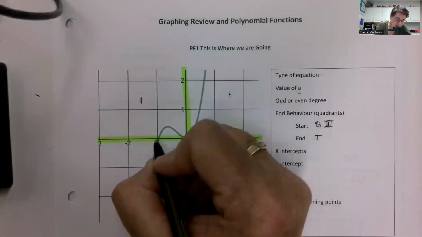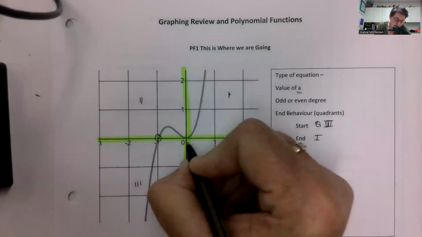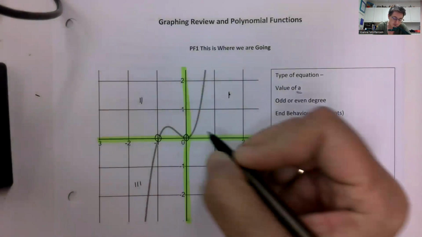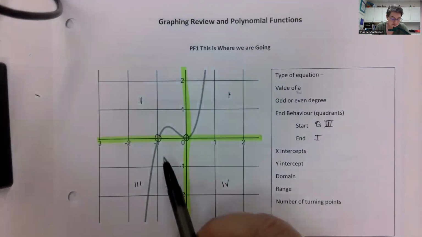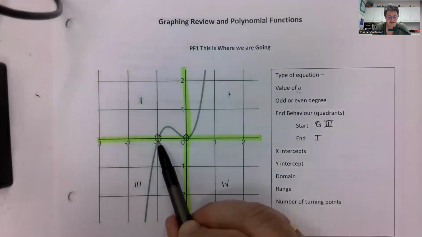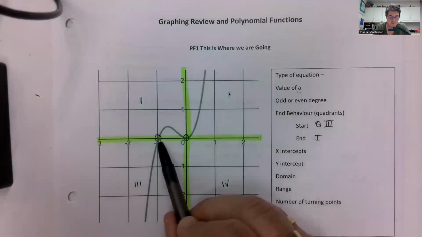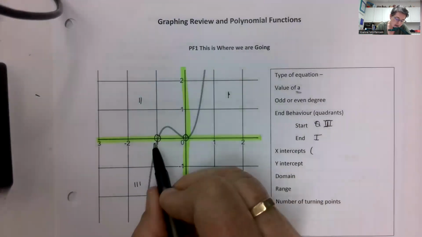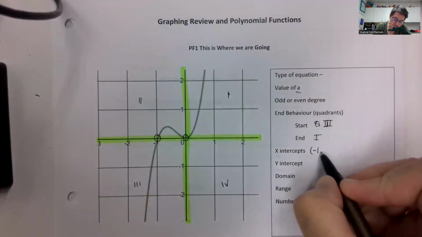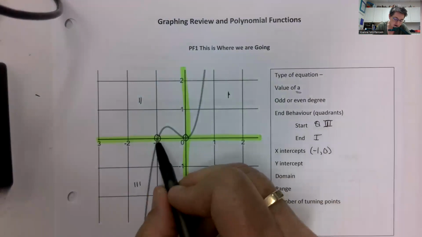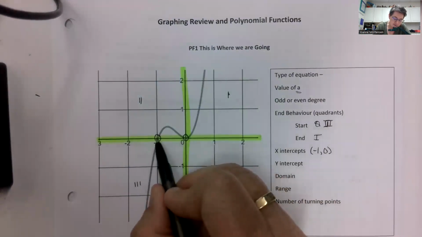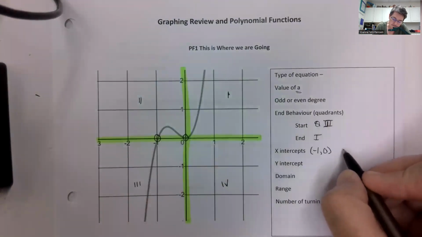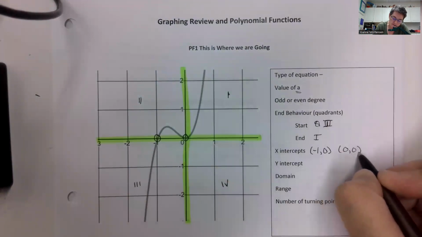So there's one, and there's the other one. Now, I got really fussy. This might not cross exactly there, but I'm going to pretend it does. So my x-intercept is (-1, 0), so it's -1 over and no up. And it's got a second one at (0, 0).